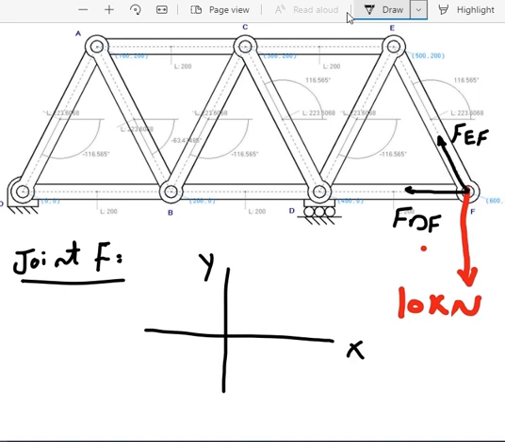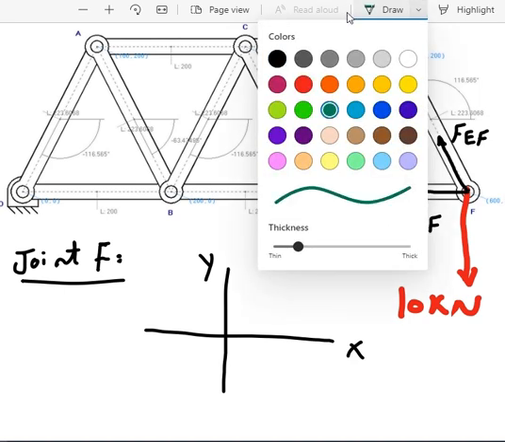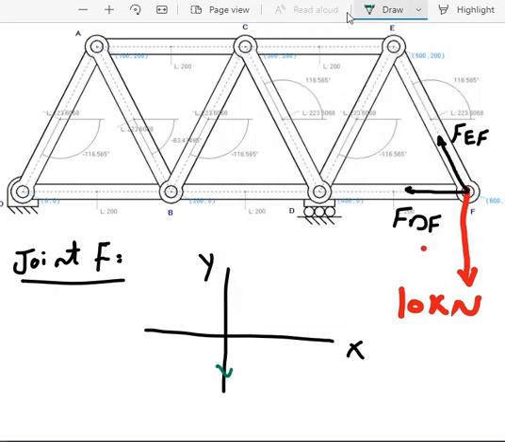Okay, so first of all, here is a 10 kilonewton force, and here is the force. I assumed this. Maybe force FDF is in the opposite direction, but we will see the value. Here is FDF, and I need to solve this into horizontal and vertical.